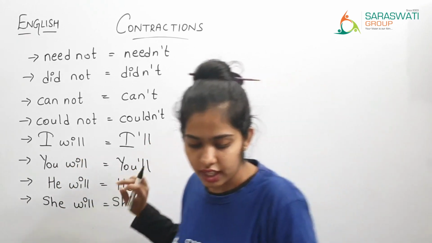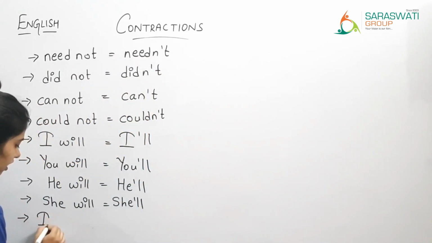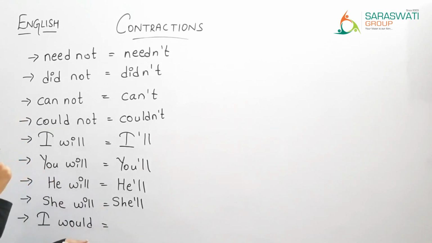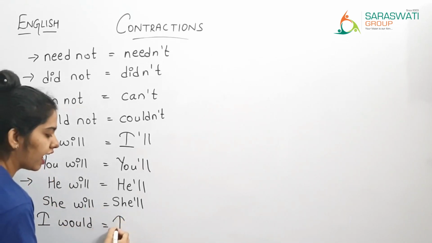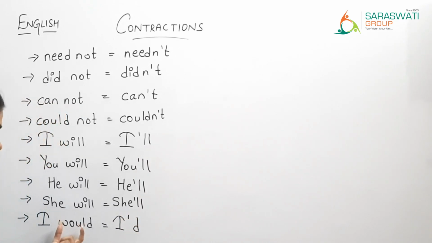Okay? Now another one. I would. So here I apostrophe and D. Here we have dropped four letters W, O, U and L. Only this I apostrophe D. I would.